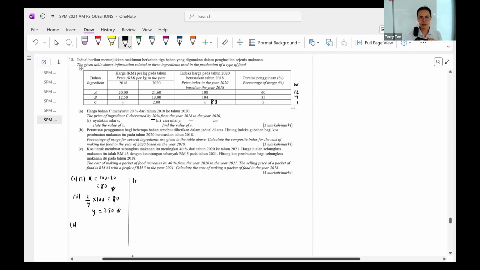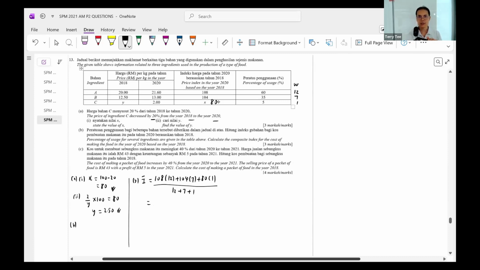So let me do part B here. Your composite index will be, take the individual price index: 108 times 12, 104 times 7, 80 times 1, divided by your total ratio 12, 7, 1.